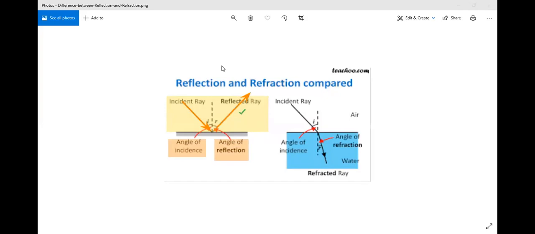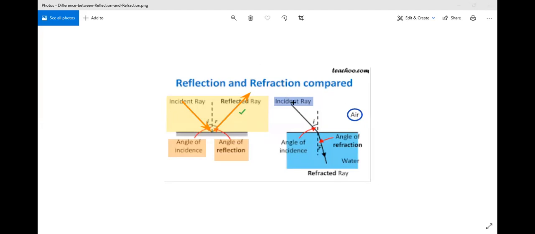What about refraction now? Look, here is the incident ray. Where is the incident ray found? In which medium? In which place? In the air.